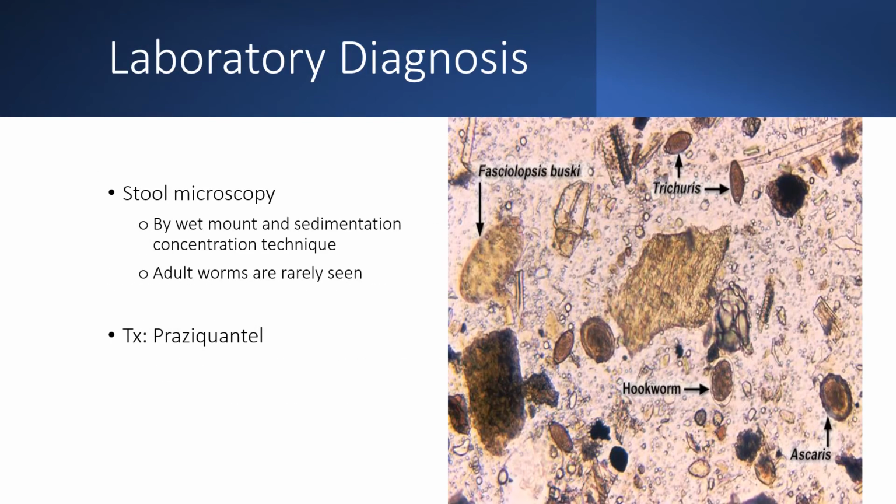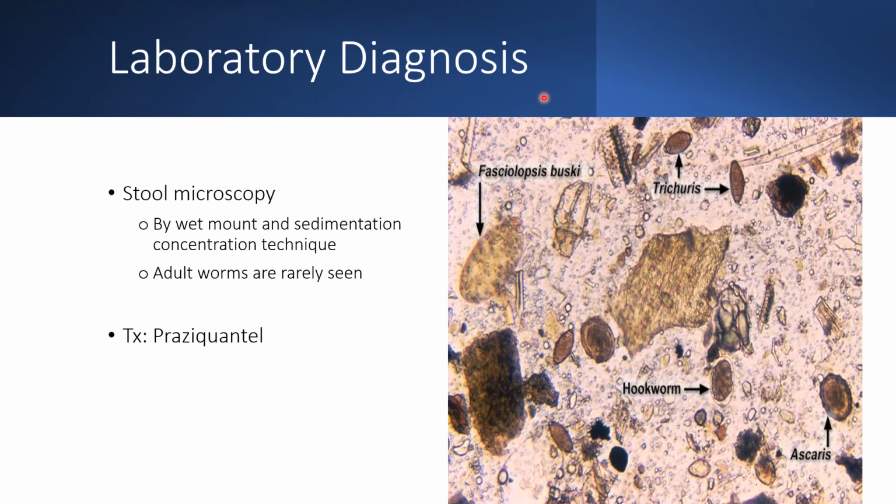To diagnose your Fasciolopsis buski, we can perform stool microscopy. So it can be through a wet mount or a direct microscopy. We can also perform sedimentation concentration technique. So FECT is recommended for egg recovery because operculated eggs like your Fasciolopsis buski do not float in the flotation technique.